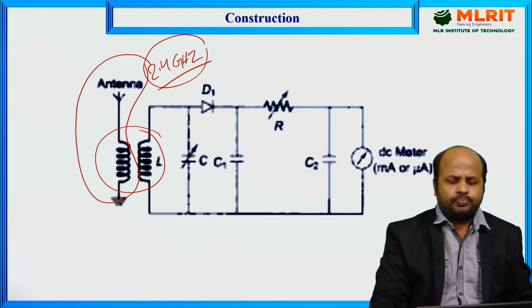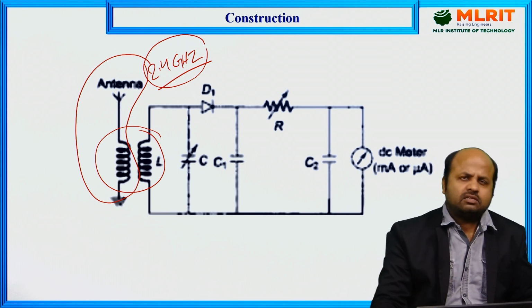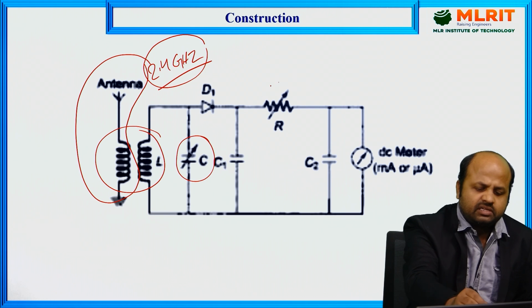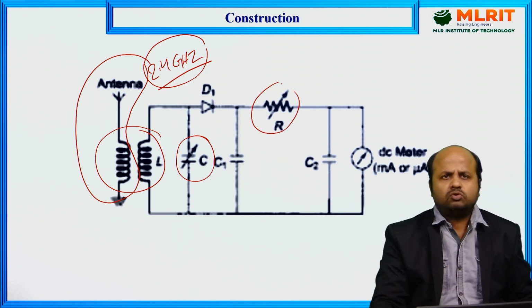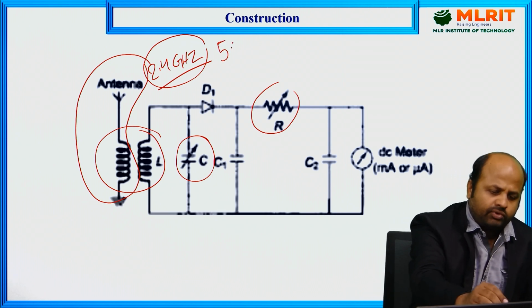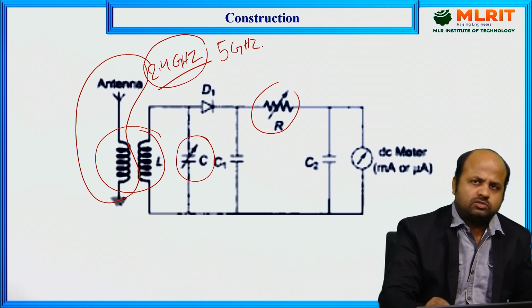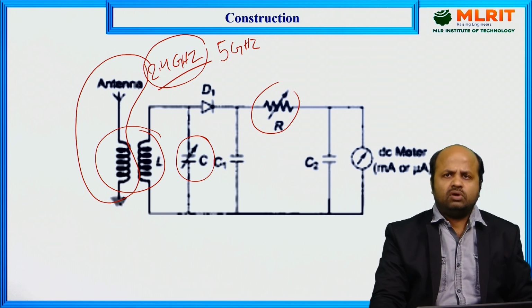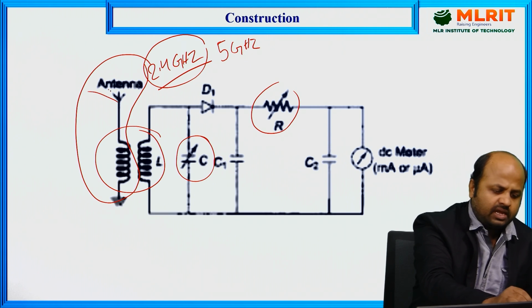In order to extract the 2.4 gigahertz, we will adjust the capacitance and resistance value in order to tune to that 2.4 gigahertz frequency. Suppose somebody wants to tune to a 5 gigahertz frequency, they will simply vary the capacitor and resistance value, and automatically that frequency signal will be caught by this antenna.